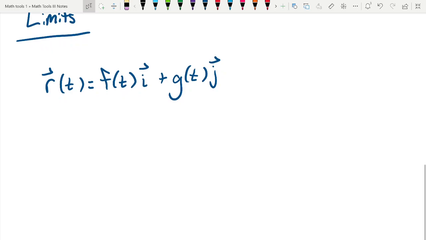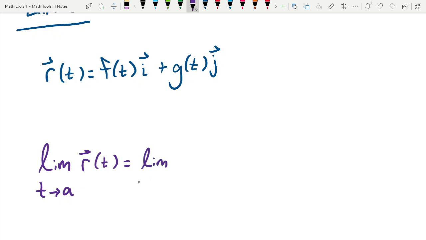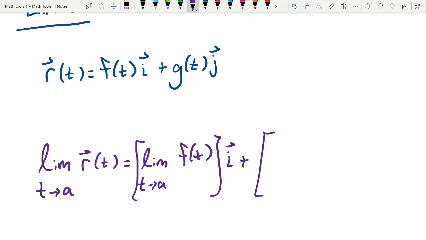So if we look at the limit as t approaches a of r of t, then this would be equal to the limit as t approaches a of f of t, and then we usually put these in brackets, and the i hat will be out here by itself, plus the same thing with g.